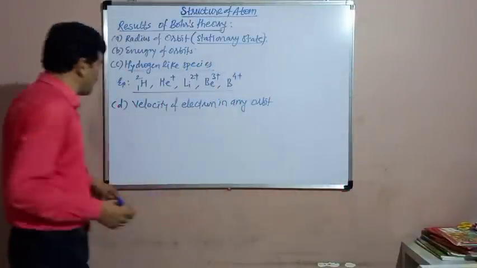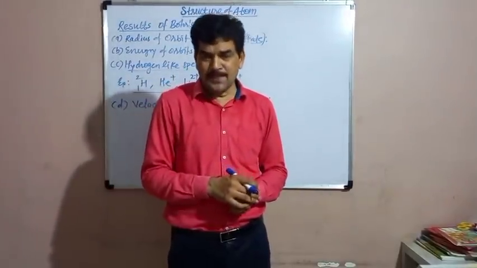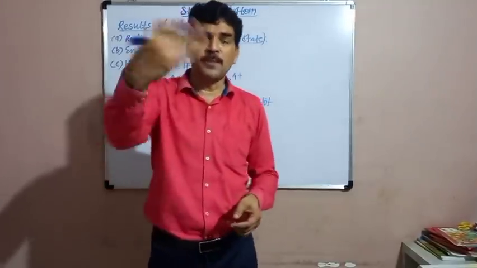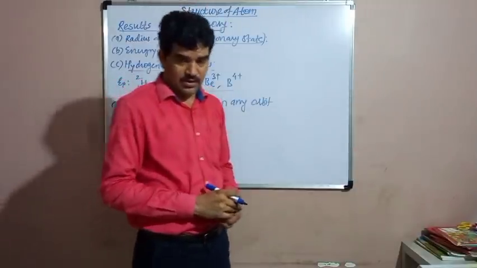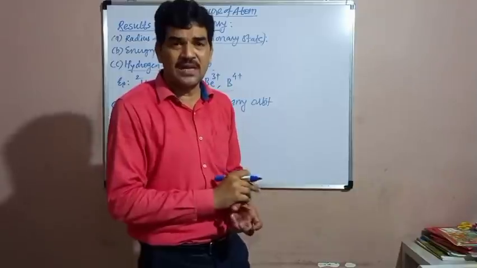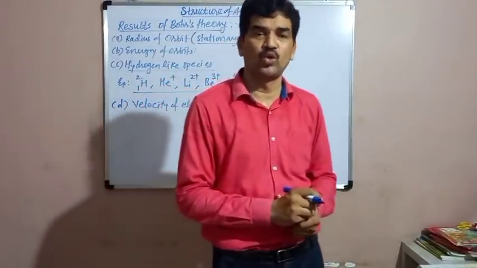It is found that the velocity of electron is directly proportional to the atomic number, Z, but inversely proportional to the principal quantum number, that is the orbit number. The orbit which is away from the nucleus, the orbit for which the principal quantum number is more, in this orbit the velocity of the electron is found to be less.